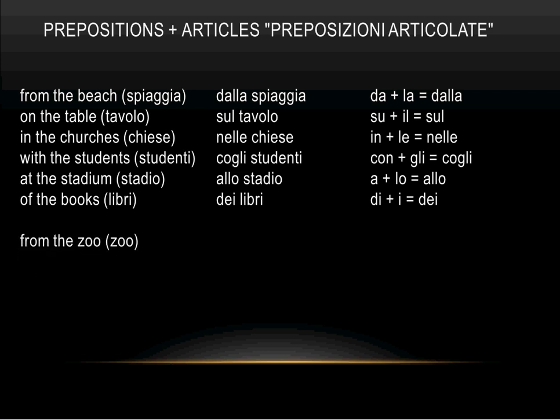Okay, now let's see if you can try a few of these and determine which preposizioni articolate you should use. So your first task is from the zoo. Did you say dallo zoo? You get that because you need the preposition da, the definite article lo, equals dallo zoo.